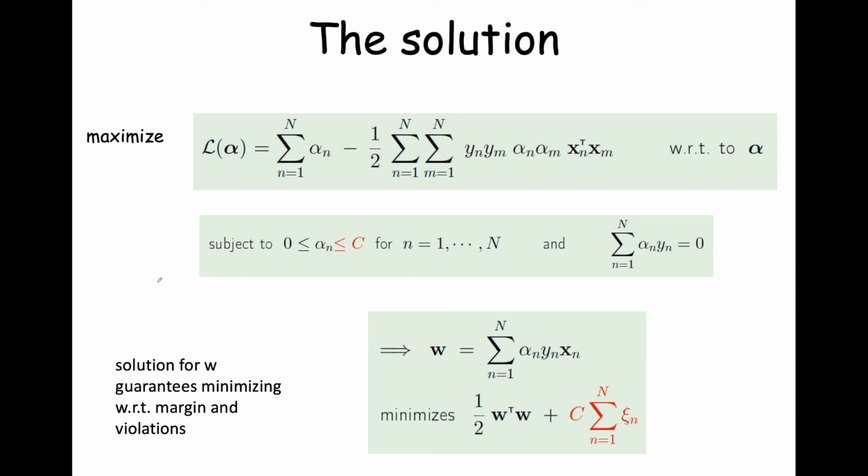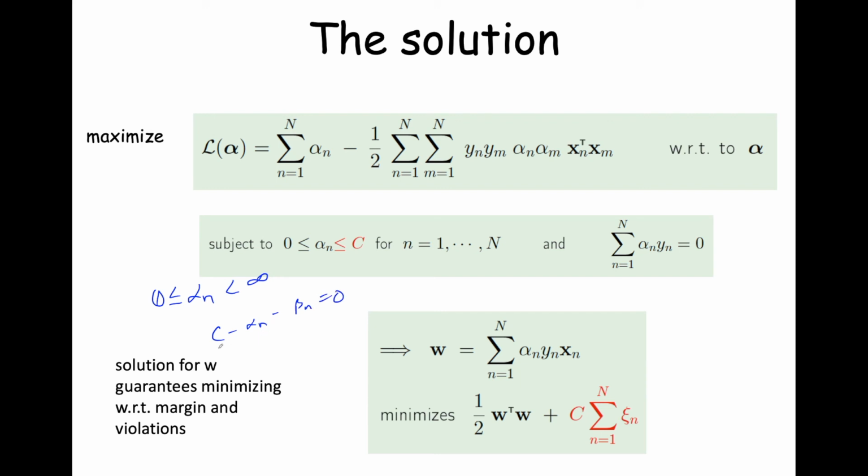So before, we said that alpha is greater than 0, and there was no upper bound on alpha. The upper bound was infinity. Okay, and so with this constraint, C minus alpha n minus beta n is equal to 0.